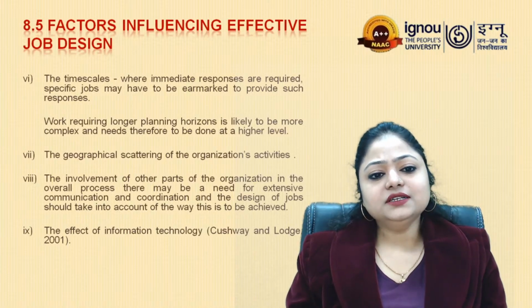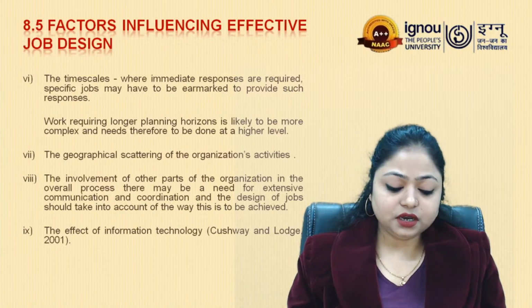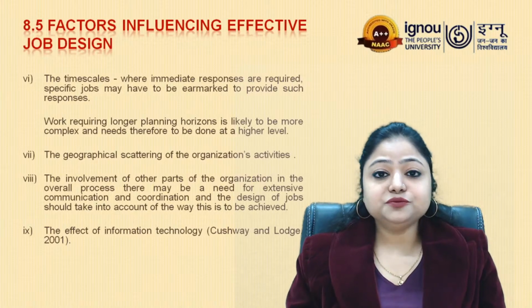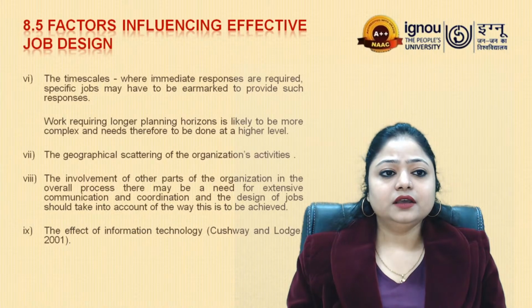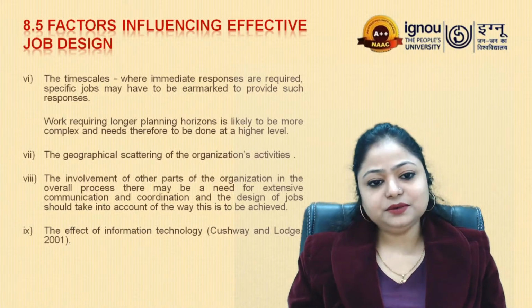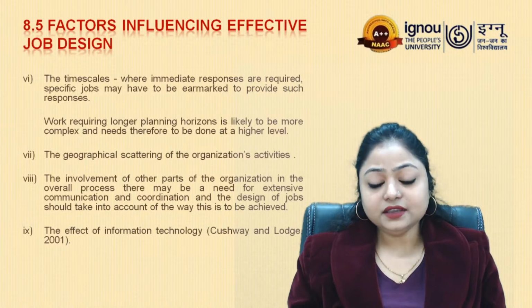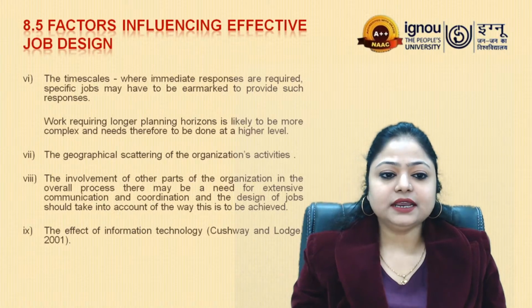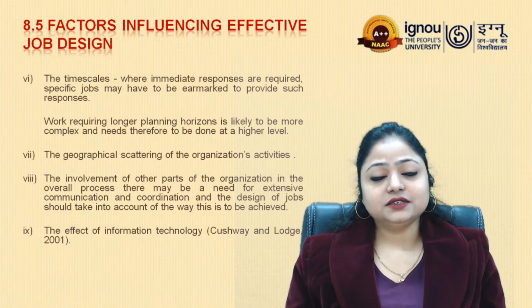Then there's the geographical scattering of the organization's activities. So if the organization has multiple branches and each branch is conducting a different set of actions, then job design must be done in such a way that all these branches are connected together. And if they are scattered, then the job design must cater to the demand of this particular factor of the organization.